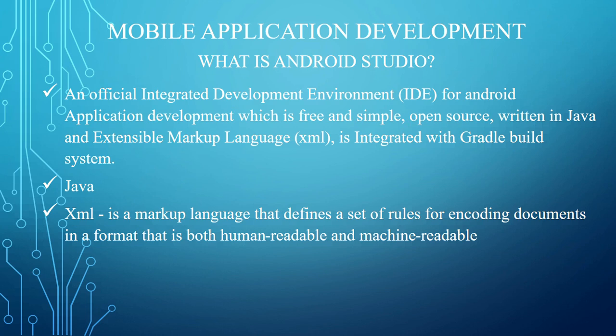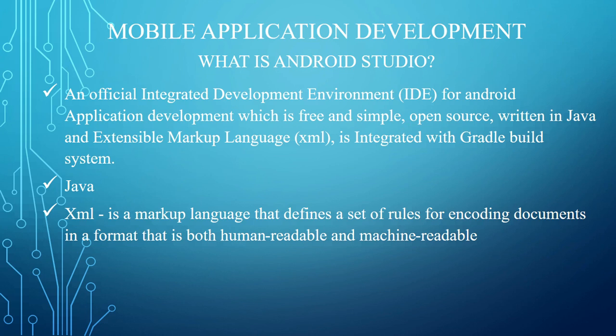This one is used for user interface. So with the design of our user interface, we can use a design mode where you can pick and drop, where you just use already existing objects. For example, you can drop a text view, you can drop a button and put it into the layout. So extensible markup language can be used. You can write the code using XML code to define the layout of your Android application.